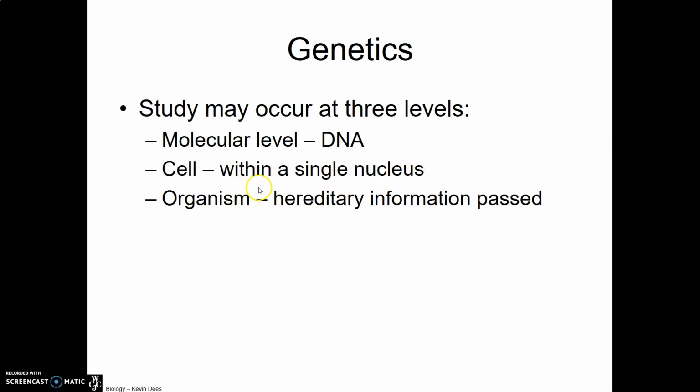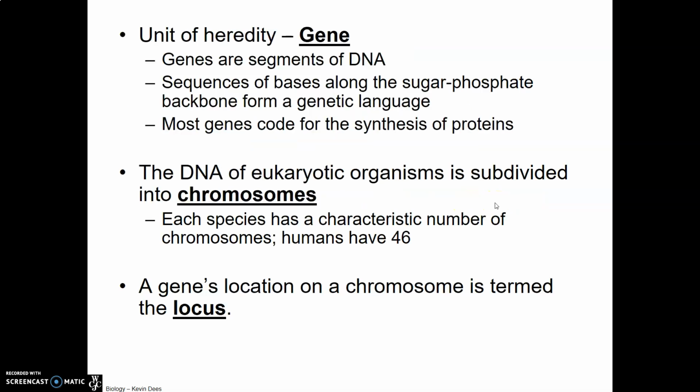Or we can look at genetics at an organismal level, looking to see what traits are included in this hereditary information that can be passed from one generation to the next. So in genetics, we're going to be referring to things as genes, these units of heredity.